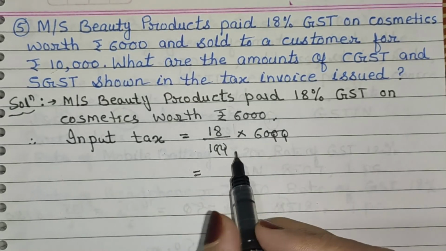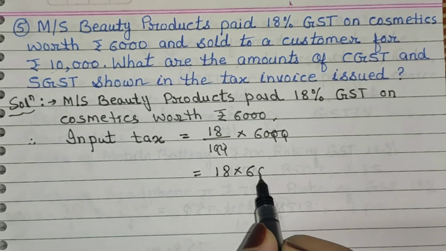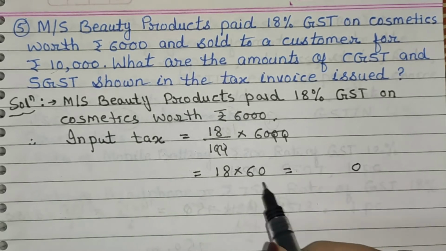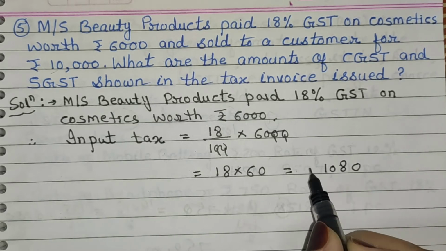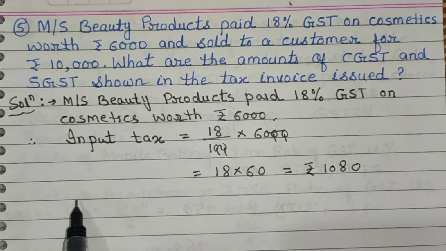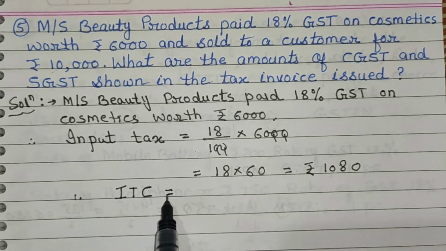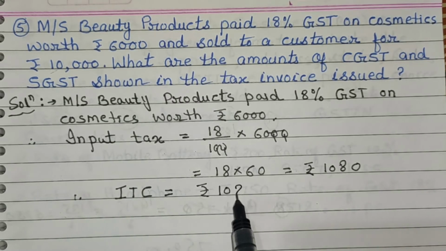Now we get here 18 into 60, 18 0 are 0, 18 6 are 108. Rupees 1080. Now the input tax credit is equal to rupees 1080.